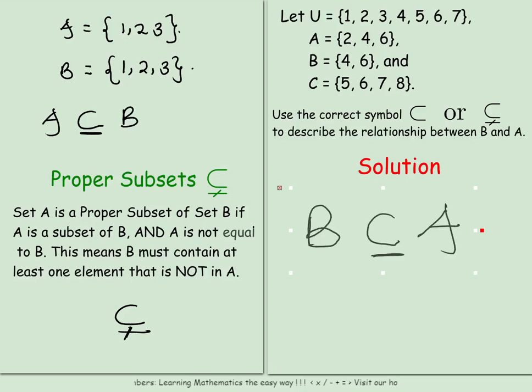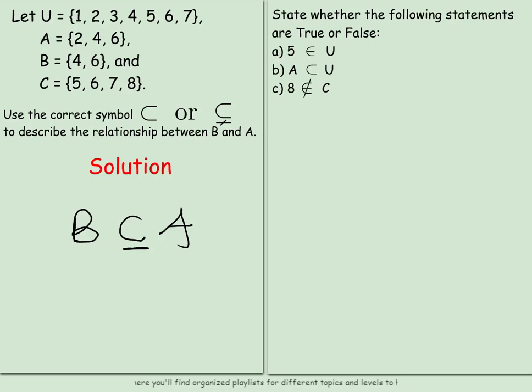Okay, so let's look at our next example. For this next question, we are still using this same set of sets over here. We are still letting our U, A, B and C be the same. After this one, I would explain something we call the number of subsets, so please stay tuned.